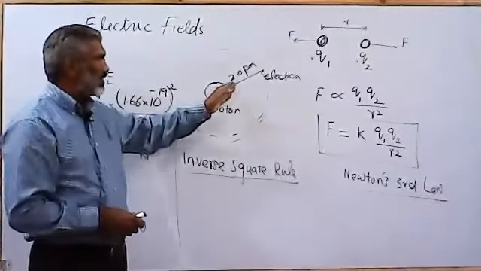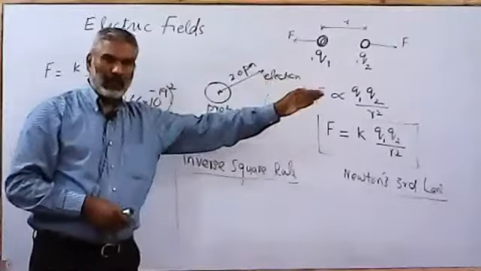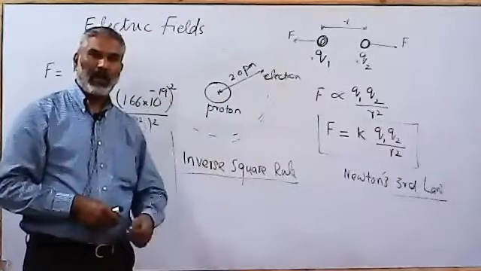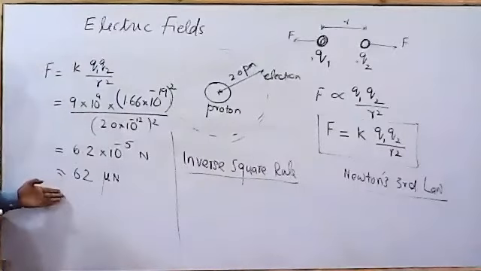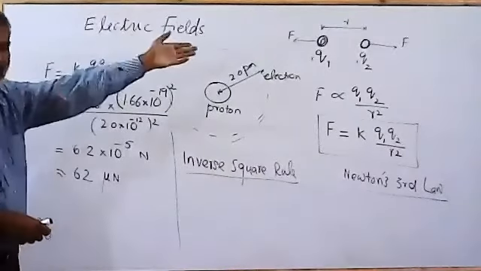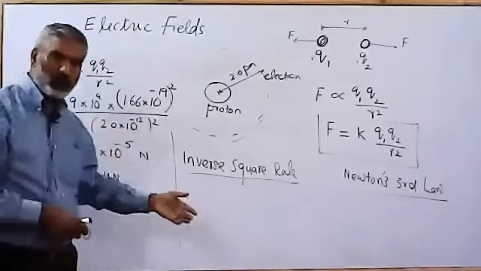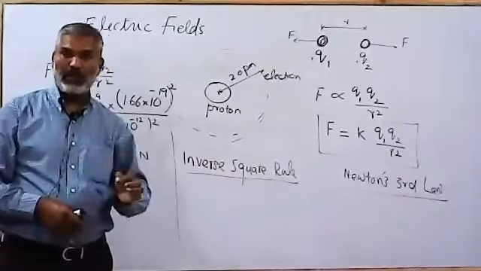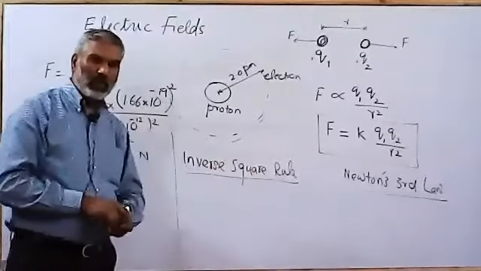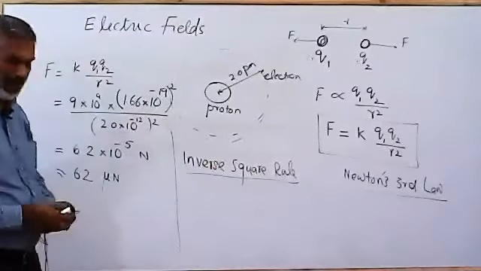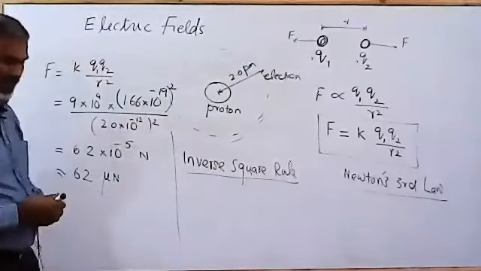If I make it 3 times as much, the force will be reduced to 1/9 of its original value. And if I make it 4 times as much, the force will be reduced to 1/16 of its original value. That means there is some rule at work here, and inverse square law exactly means that.